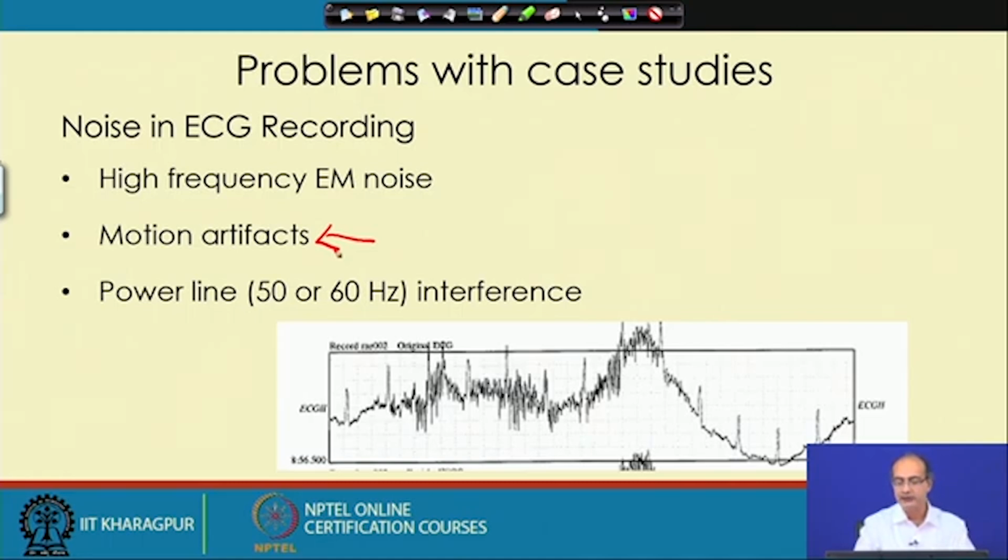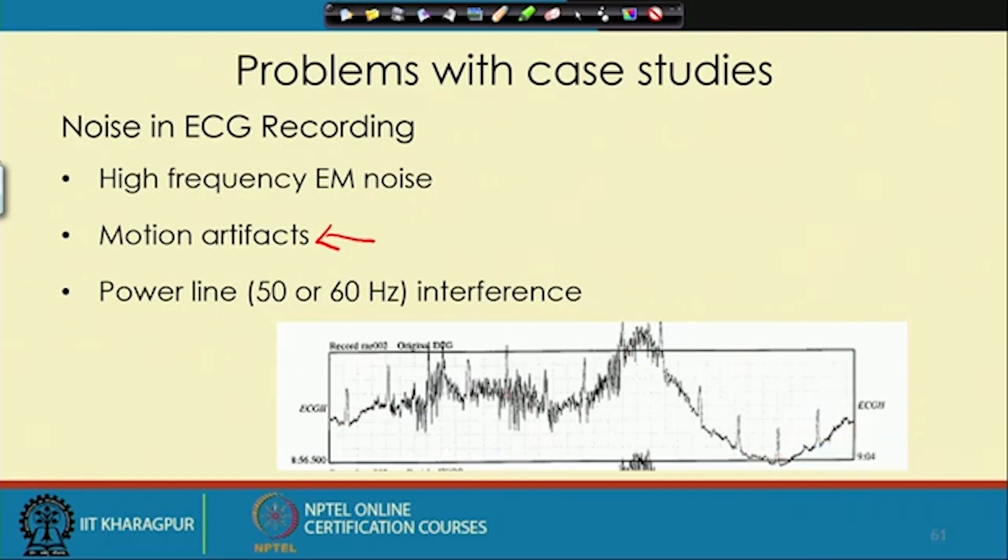Below we see that there is an ECG signal, and it seems it is riding on a very low frequency signal. The baseline is moving, or wandering, as we say.